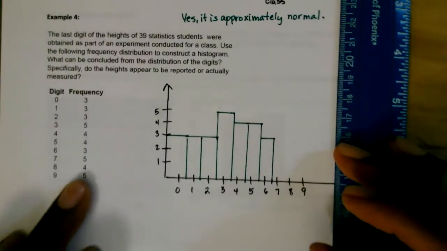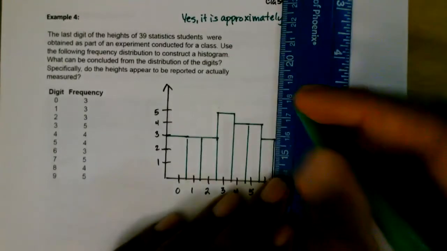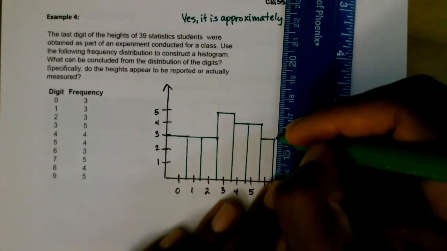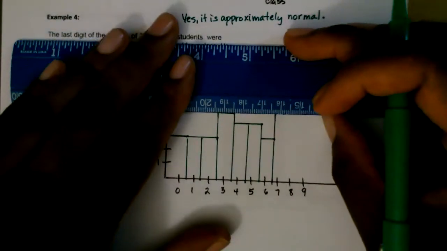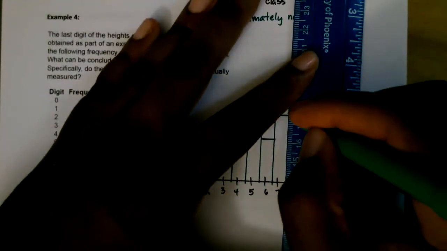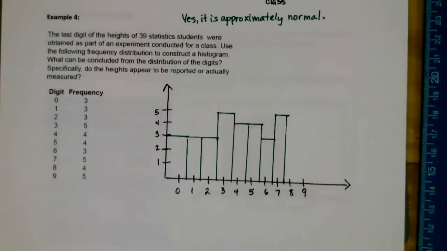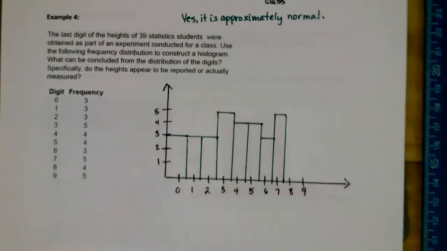For 7, the frequency is 5, the same height as 3.